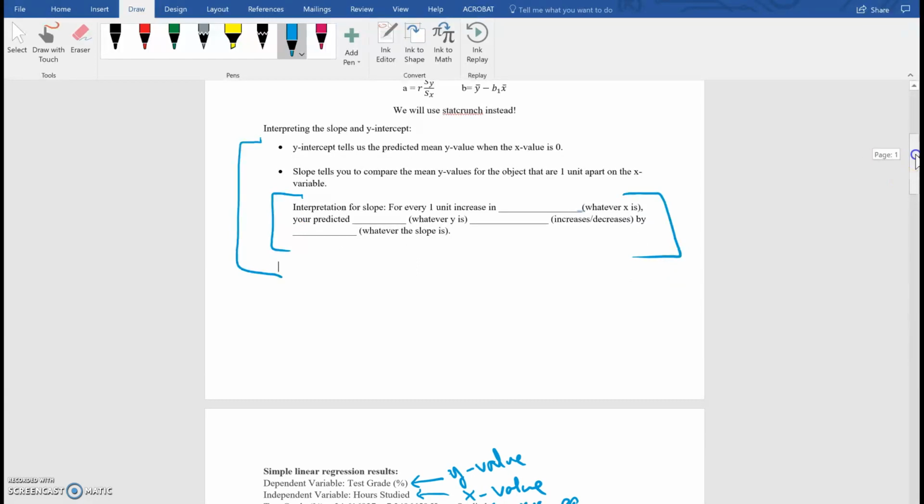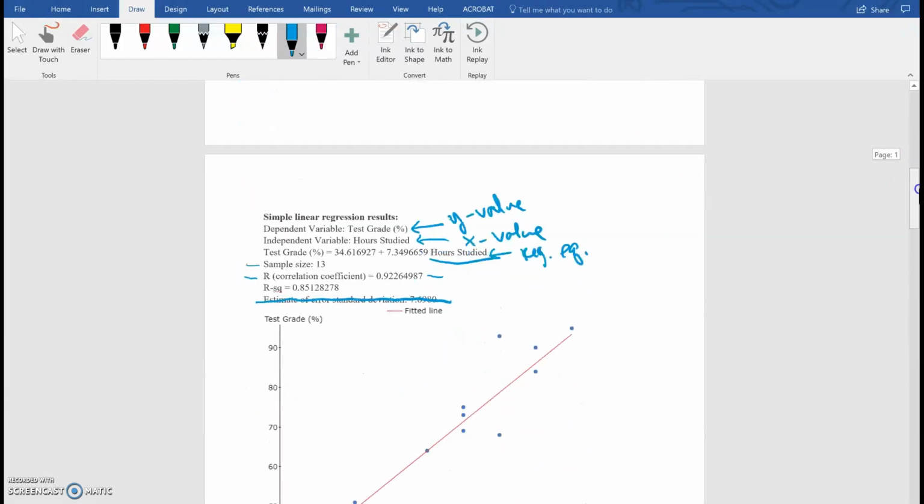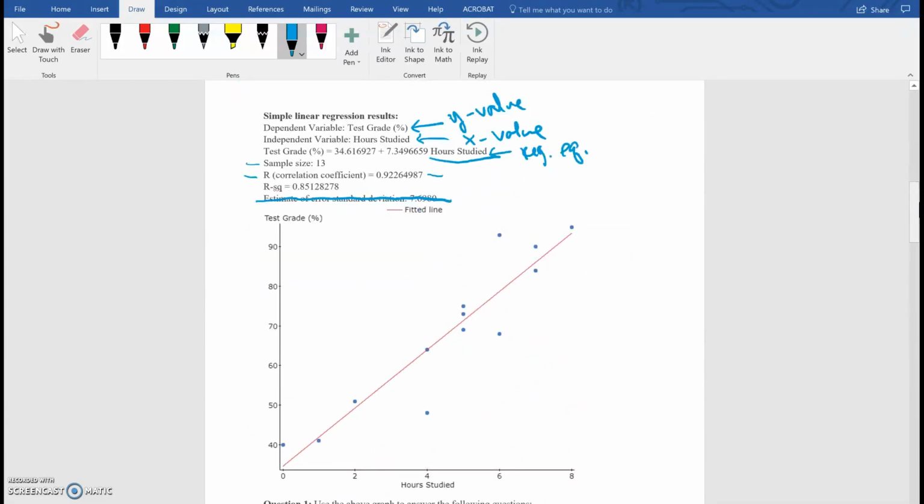Something else that you really need to know is how to find all this information from the output. So if I give you something like this, you need to be able to know what each row represents. So in the next video, we'll do an example of questions that I might put in the exam.